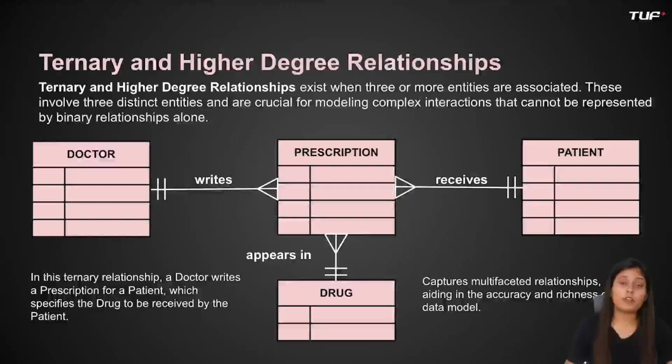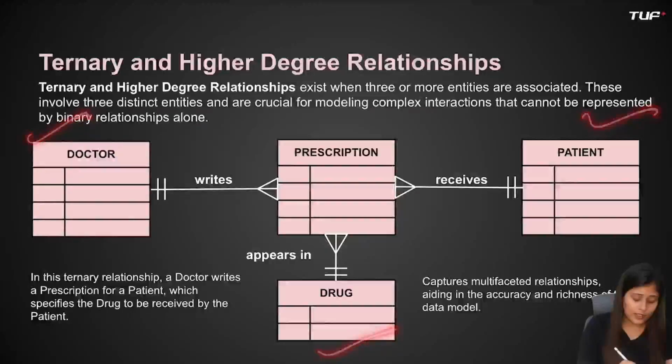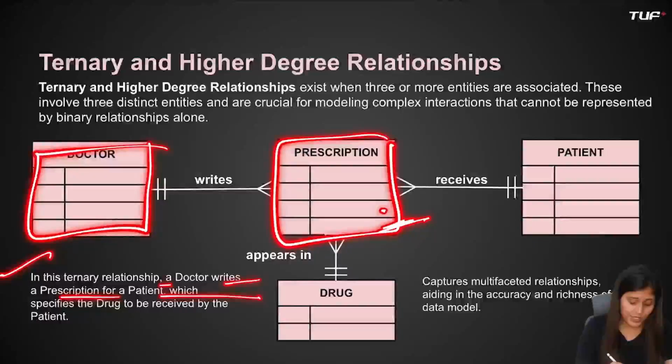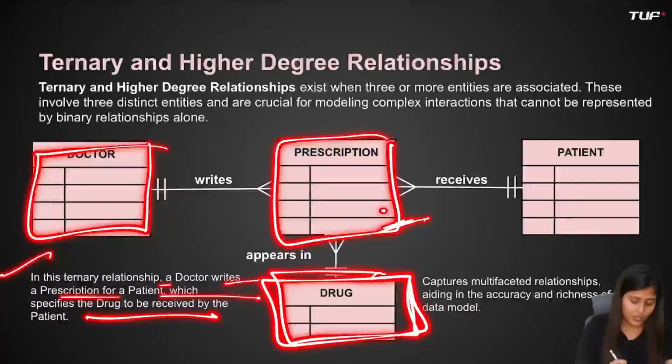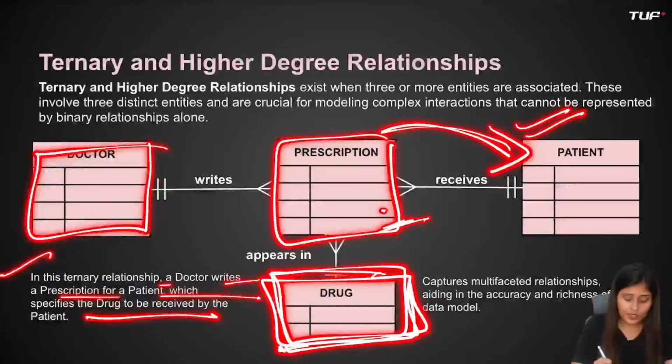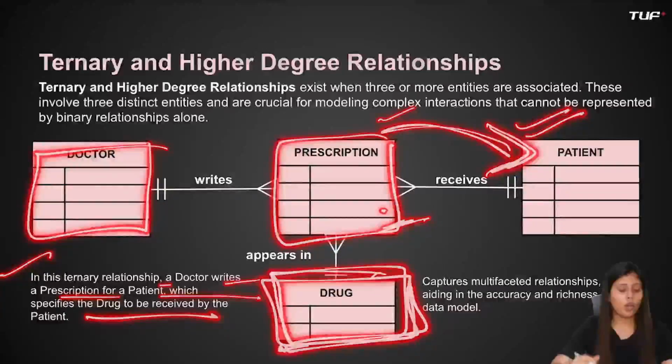So basically we use this when the relationship cannot be defined in a binary relationship, then we go for ternary relationship. So example, doctor, patient and drug. Doctor writes the prescription for a patient which specifies which drug needs to be received by the patient, and the patient actually receives the prescription and takes the medicine accordingly.